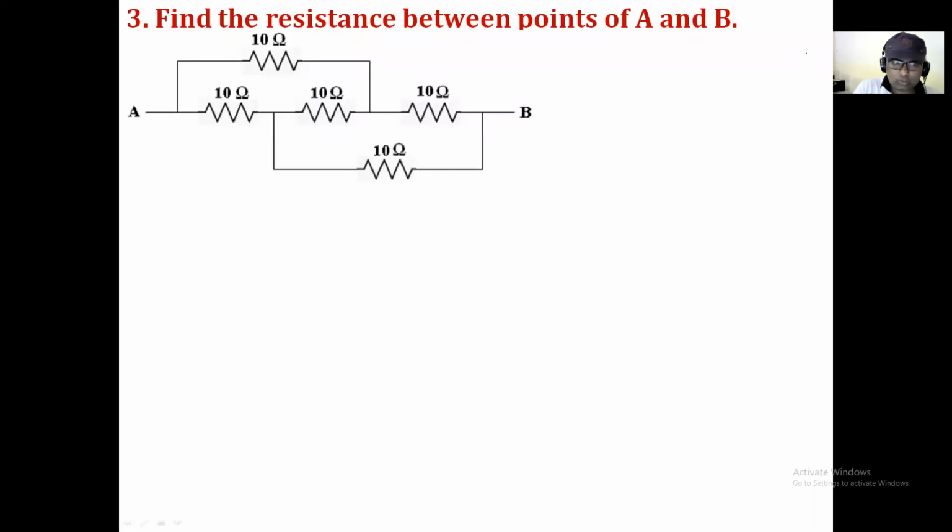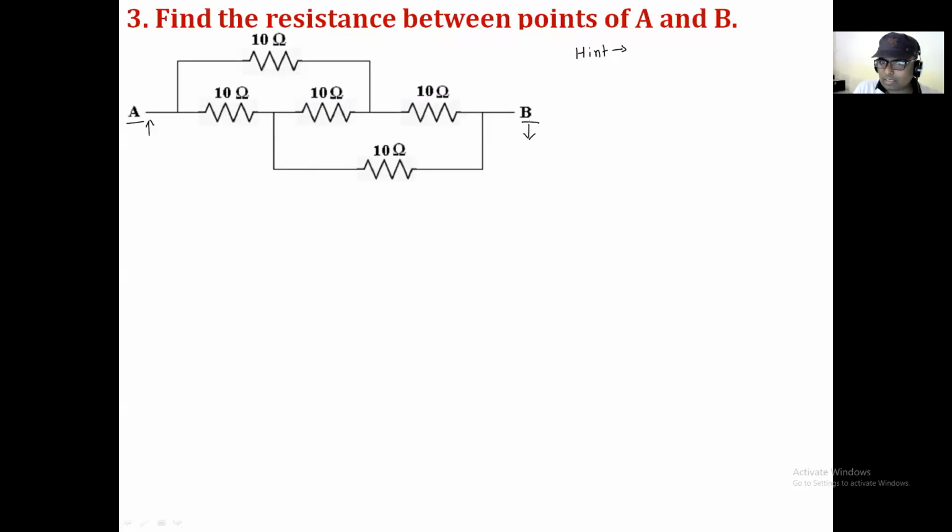Is it right? Now, as you know the hint, what is the hint to calculate the resistance between any 2 points? Can anyone try? The hint is that between any 2 points, if we want to calculate the resistance, we assume that we are passing a current at one point and collecting the current from the other point.